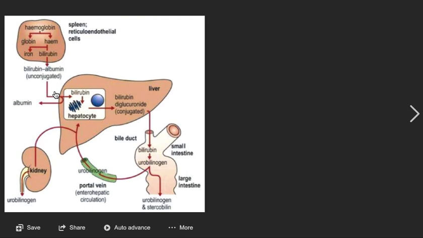Now, when the RBCs are destroyed at a high rate, what will happen? More and more LDH will be released in the blood, and we can simply measure it in the blood, which can be a marker of increased RBC destruction.